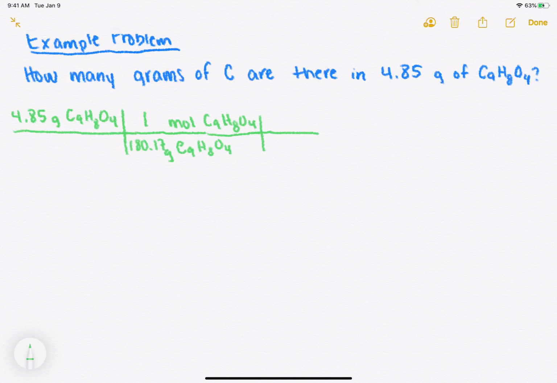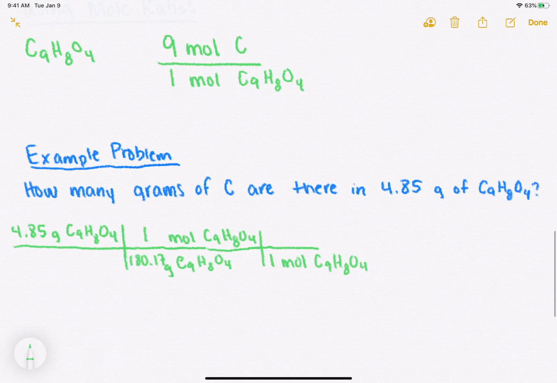So this is really key because since we got to 1 mole of C9H8O4, we can use this relationship that we highlighted above, the 9 moles of carbon, because now that we're at moles of carbon, we can use the molar mass of carbon itself to find how many grams of carbon we have. So for every 1 mole of carbon, we have 12.01 grams of carbon.